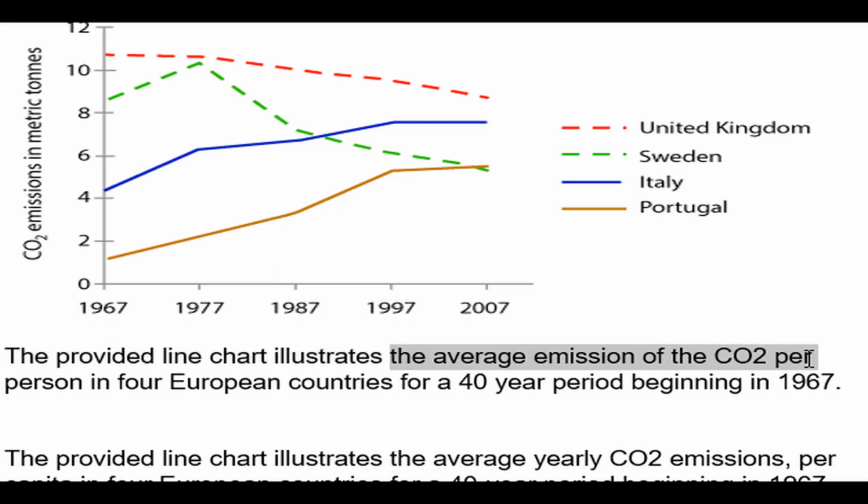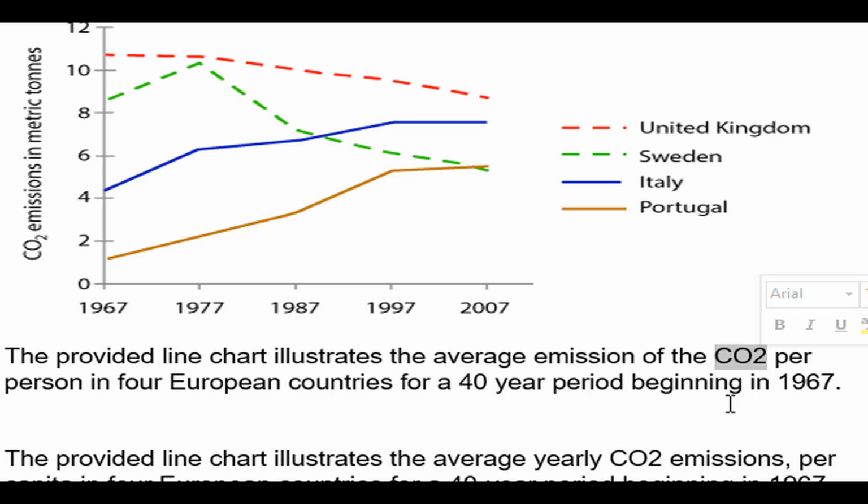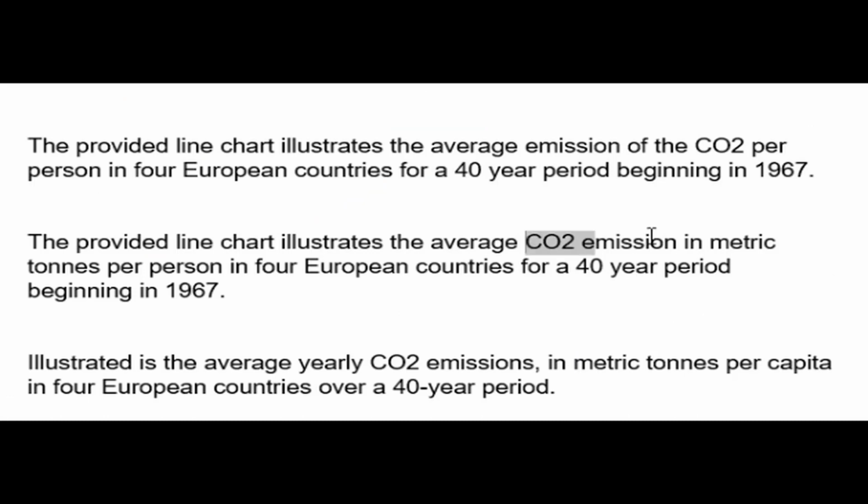The problem really comes in here, the average emission of the CO2 per person. Here we have a noun, emission. Here we have another noun, CO2. So why do we need this preposition? Often we can just take two nouns and combine them. Like so, CO2 emission.